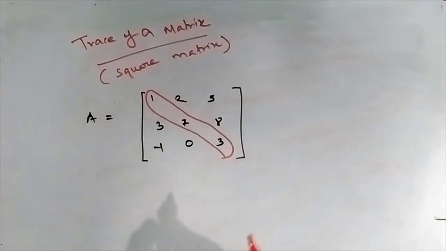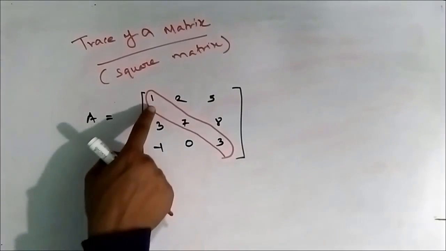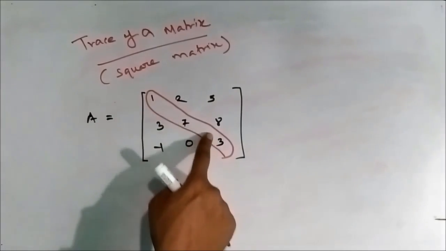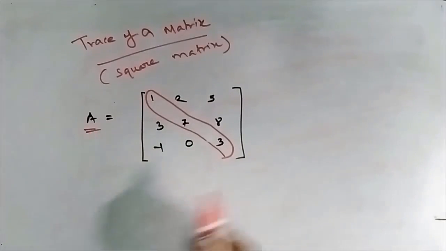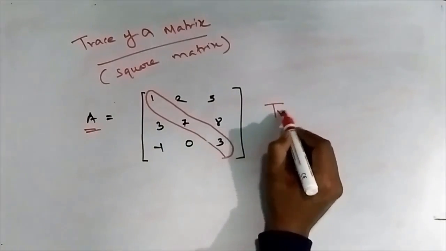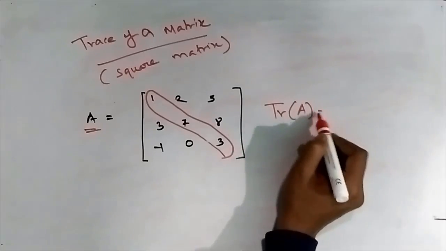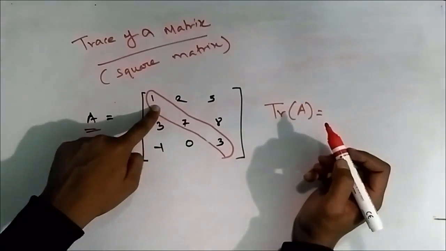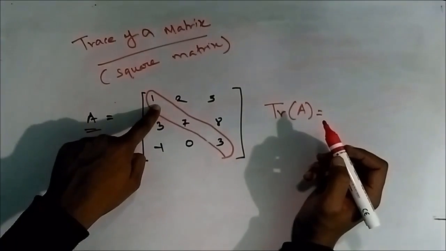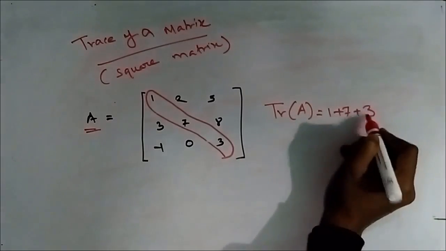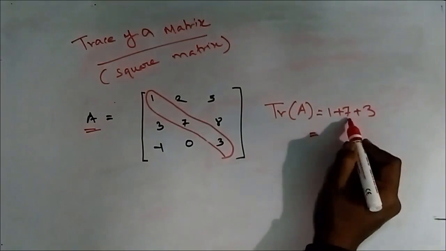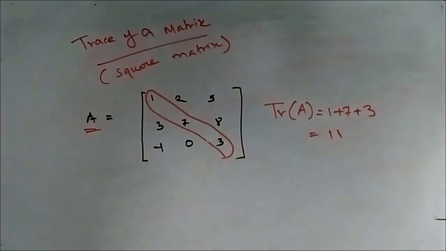So trace of any matrix is the sum of all elements lying along the principal diagonal. So this is the matrix A. We will denote the trace of a matrix by this notation, TR of A. Trace of matrix A is equal to simply the sum of all elements lying along the principal diagonal, that is 1 plus 7 plus 3. So trace of this matrix is 7 plus 3, 10, plus 1, 11, okay?